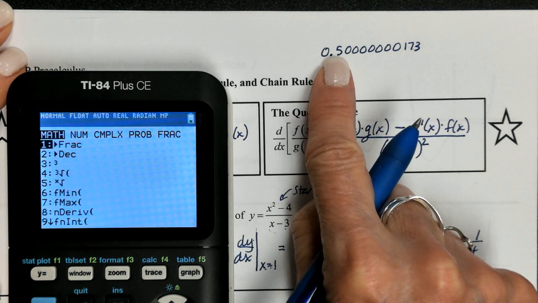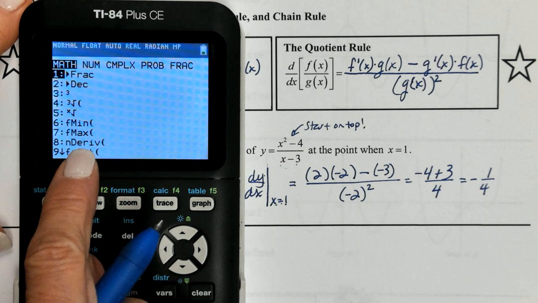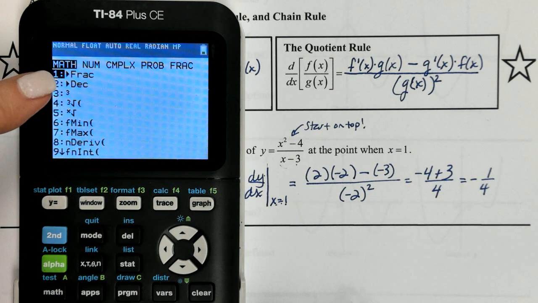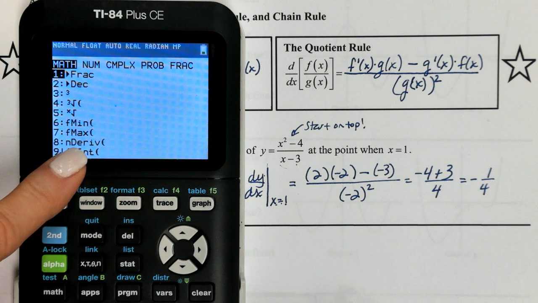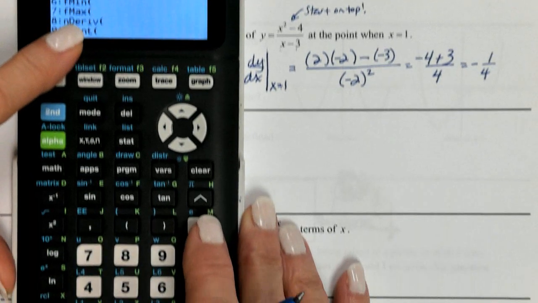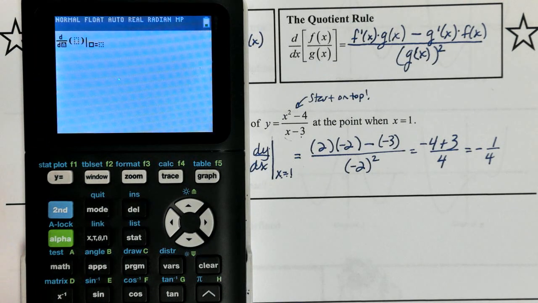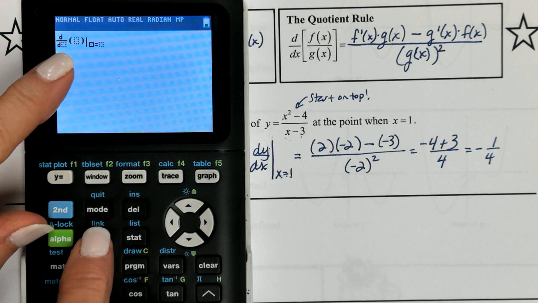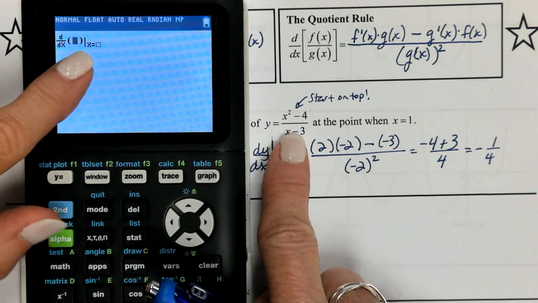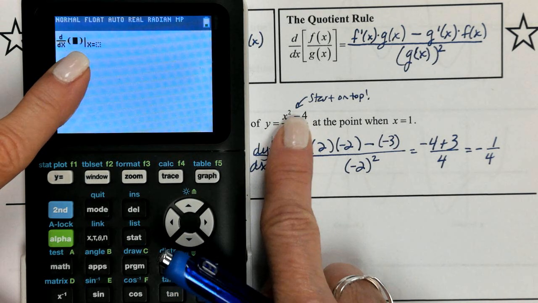Just interpret it. So here I'm going to go down to number 8. You can either scroll down or you can just push the 8 button on your calculator. I always just push the 8 button. We call it Math 8. Math 8 is derivative. We're taking the derivative with respect to x of, inside the parentheses goes our function.